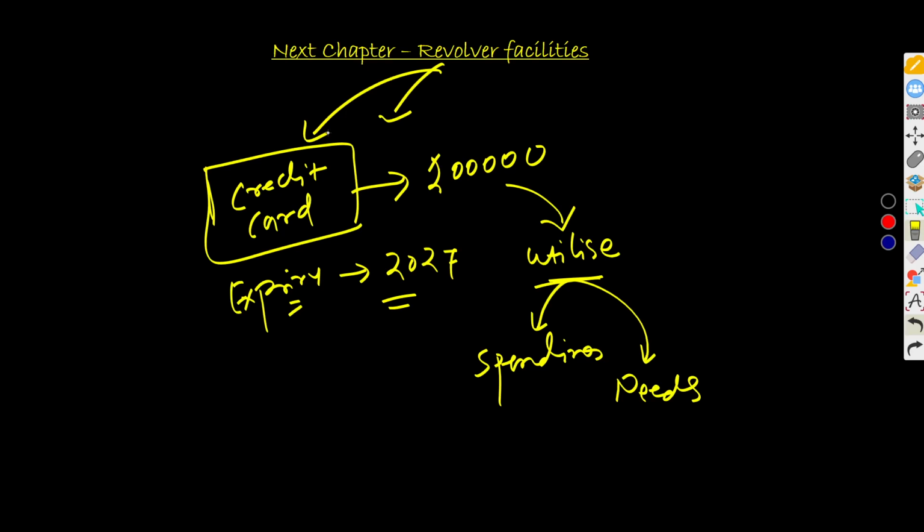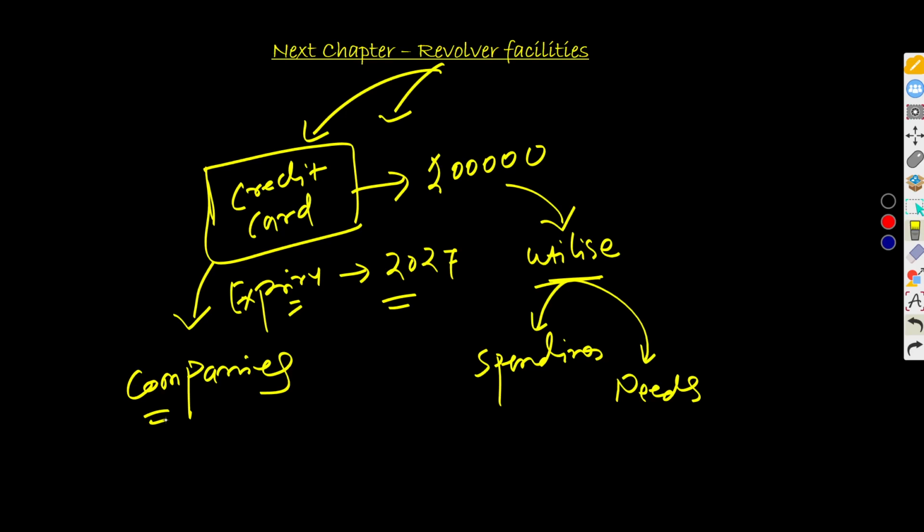All right. In the same way, a revolver facility is a credit card of companies. If XYZ company has a longer cash conversion period, or maybe receivable conversion period, the company might require additional cash flow, maybe to reinvest, manage day-to-day operations, or meet additional capital requirements.